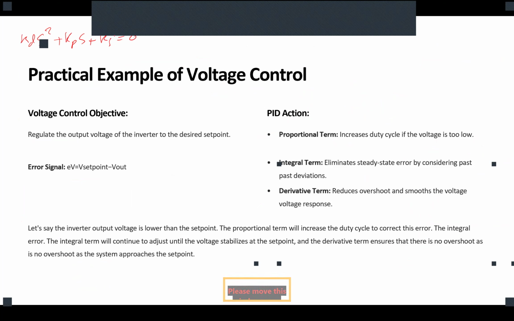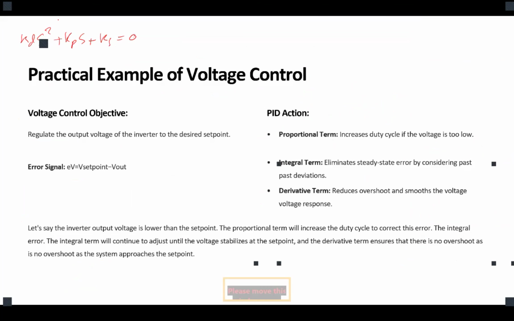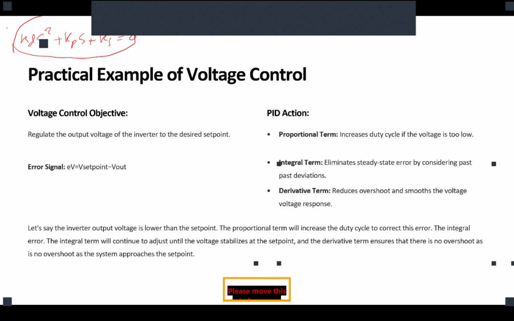This is the Laplace transform of that second order differential equation that we saw in the previous slide. We replace each derivative with s. Now this is a second order, like a parabolic algebraic equation, so it would have two roots.